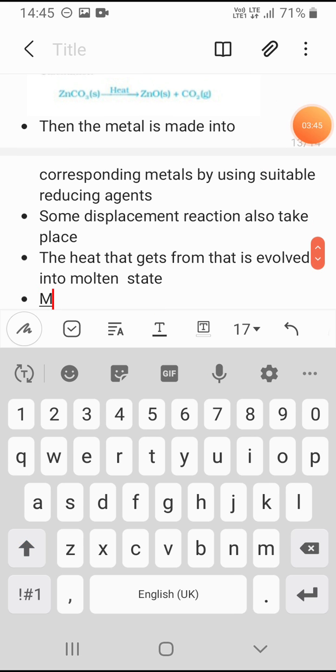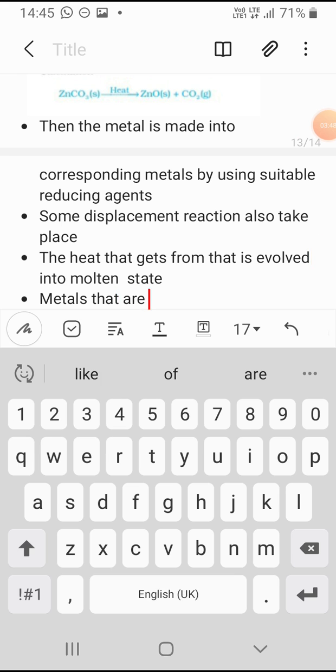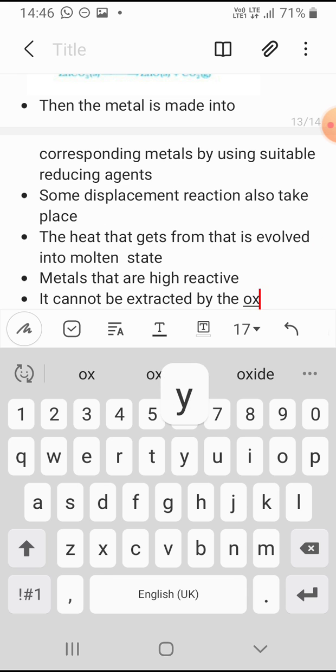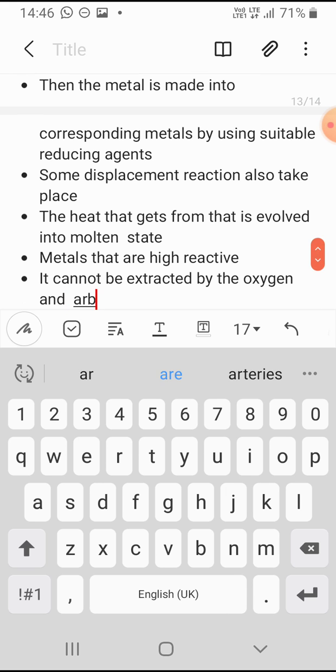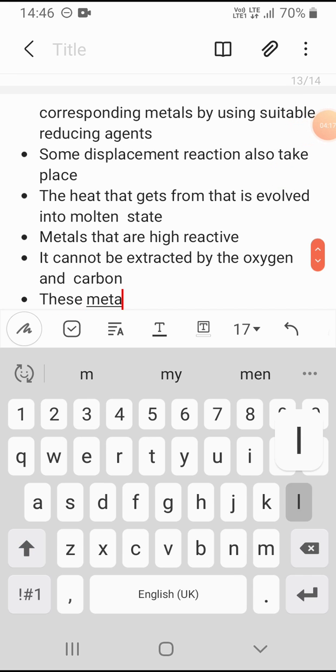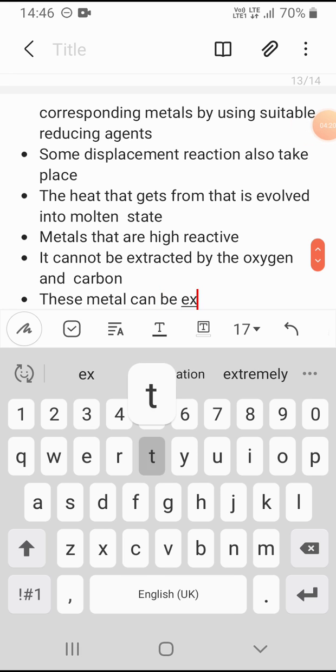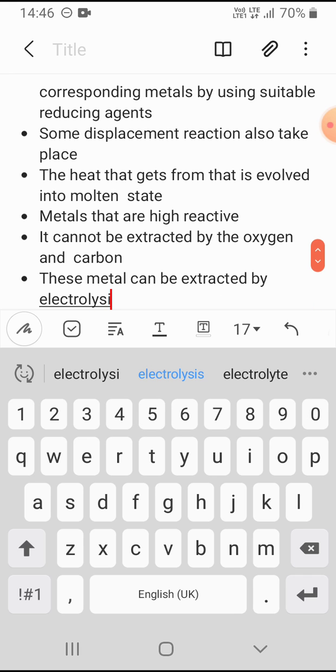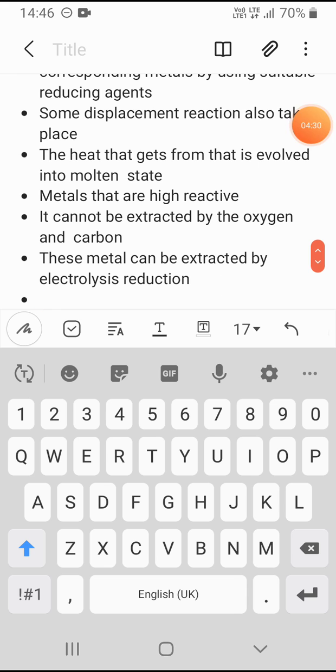Next are metals that are highly reactive. Those highly reactive metals cannot be extracted with the help of oxygen and carbon. These metals can be extracted by electrolytic reduction.